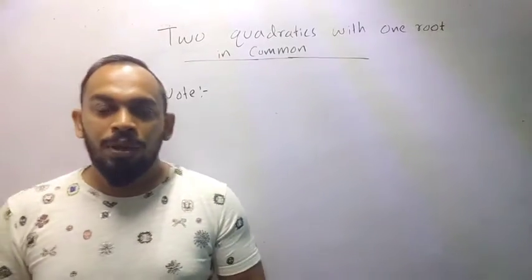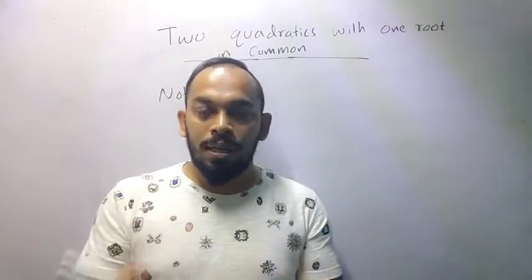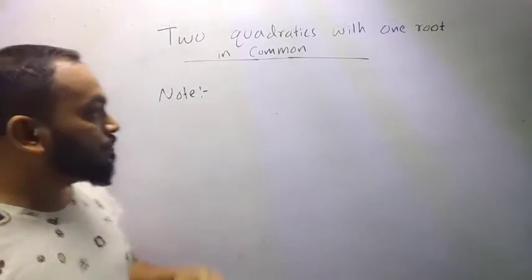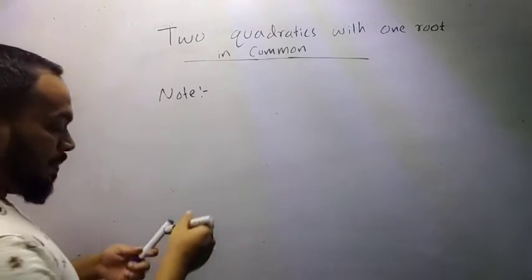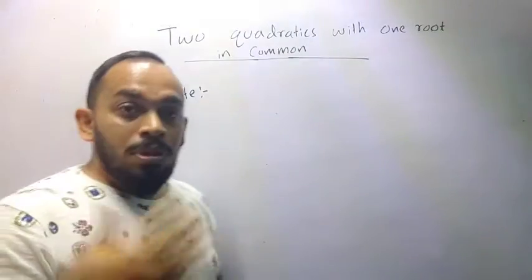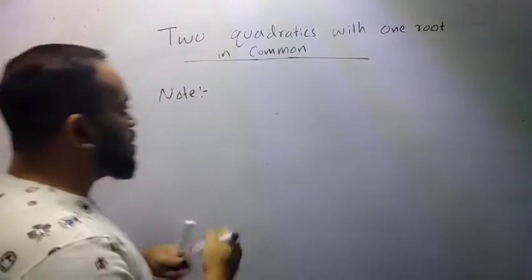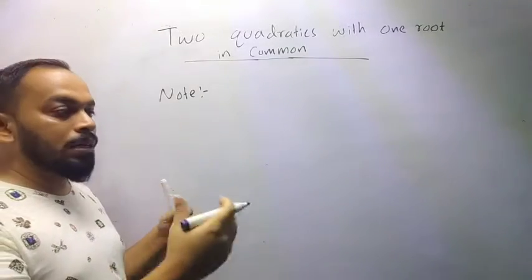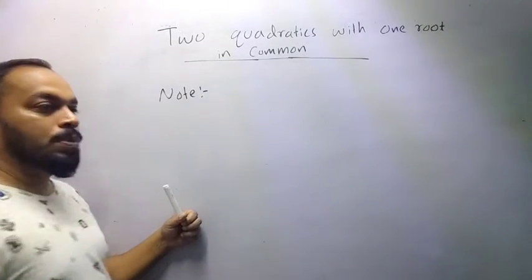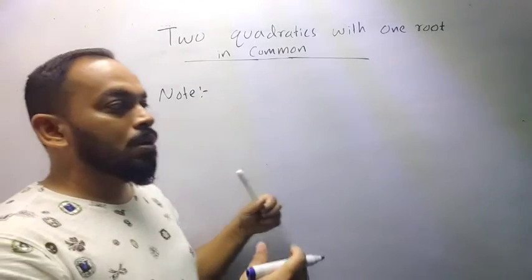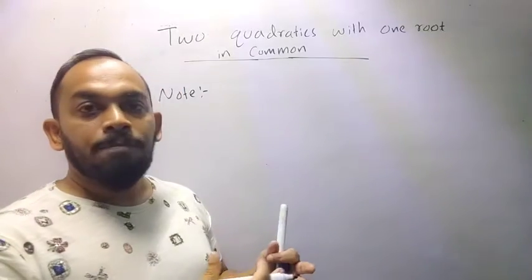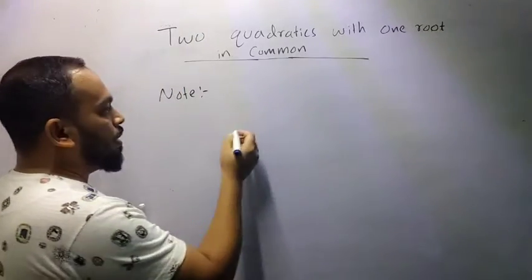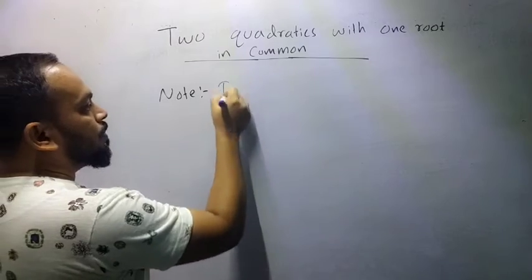Right, before we get into a more general case, let's take a look at a note here. This is very important, especially when it comes to questions, to know what roots actually means. If alpha and beta are roots of ax squared plus bx plus c equals 0, what can we do with that? Let me write this down.